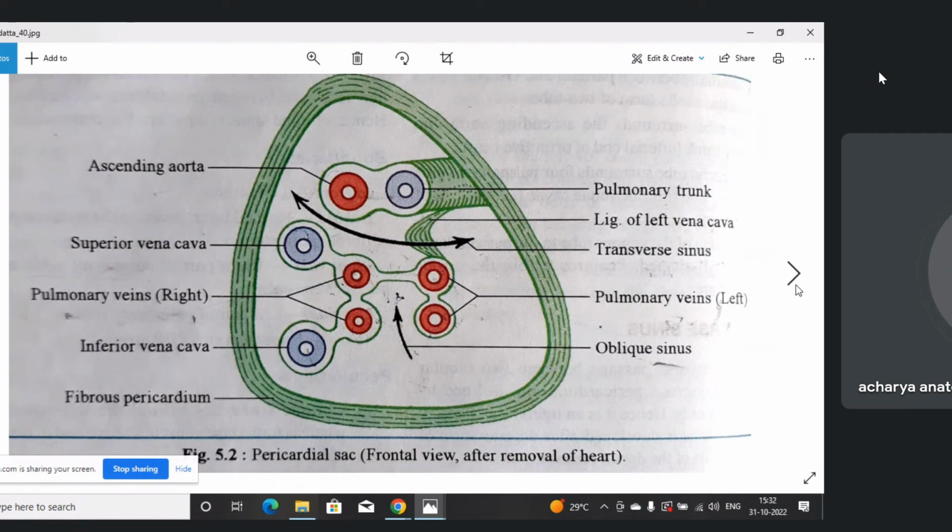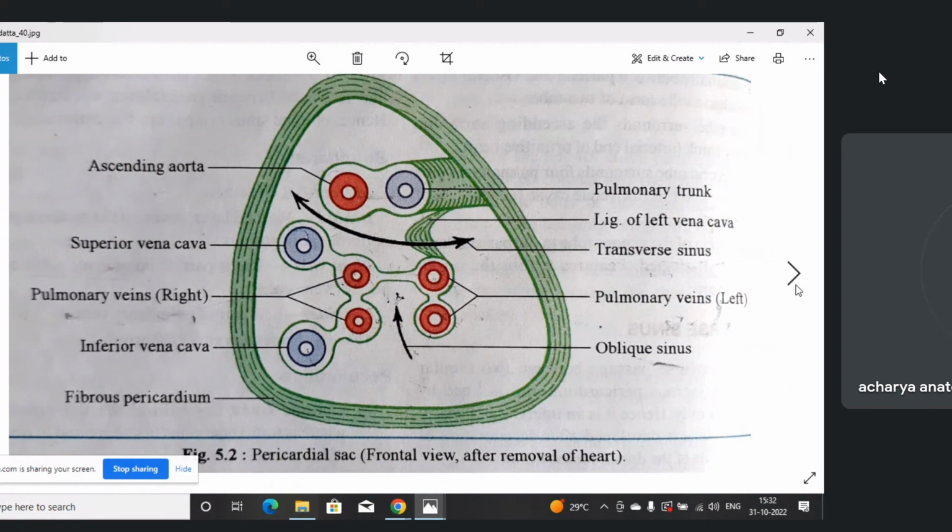Superior vena cava, inferior vena cava, heart, arch of aorta, pulmonary trunk.